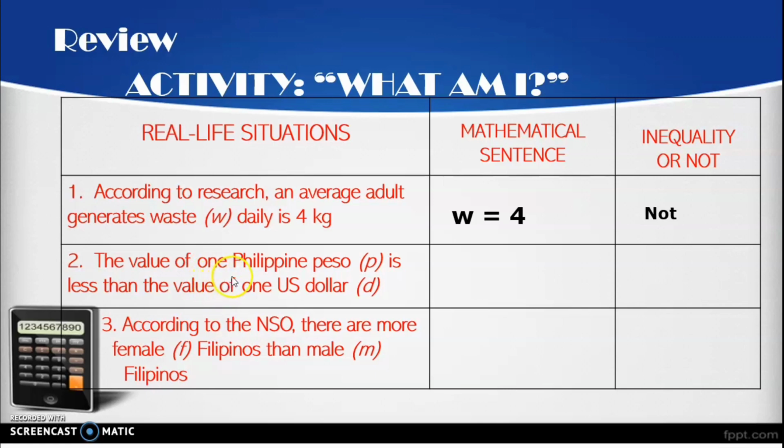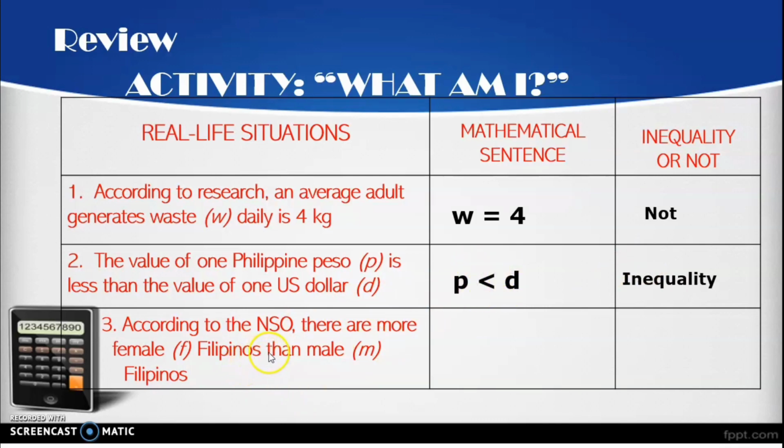Number 2: the value of 1 Philippine peso P is less than the value of 1 US dollar D. So we have P less than D. It is an inequality since we have a less than symbol.